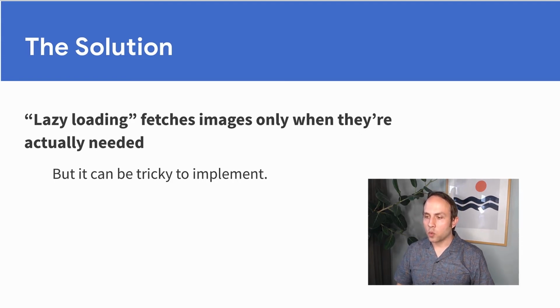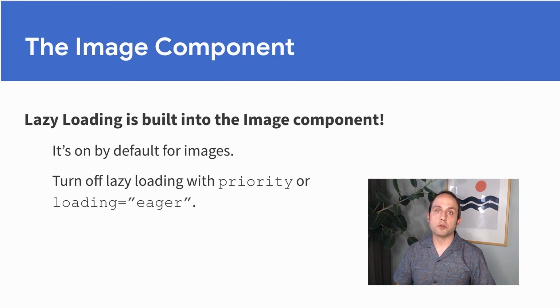The way that we handle this in Next.js with the image component is just by providing lazy loading as a default feature of the image component. So we have an intersection observer-based approach to lazy loading, which is the most widely supported approach right now.